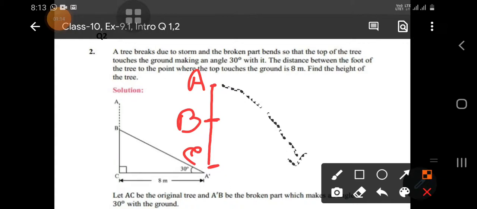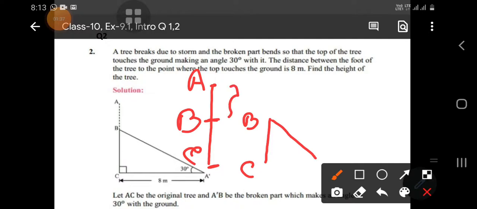So after breaking, the new picture will be like this: this portion will be standing, C is the foot and B is the point where the tree broke, and now the portion BA will fall down and touch the ground.